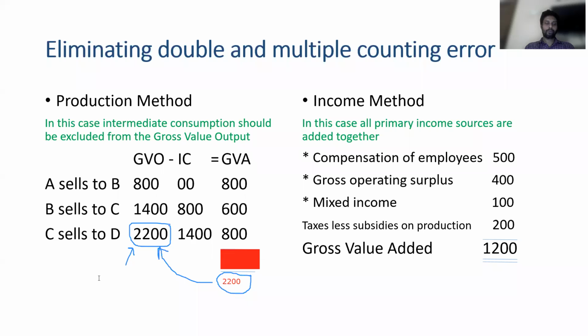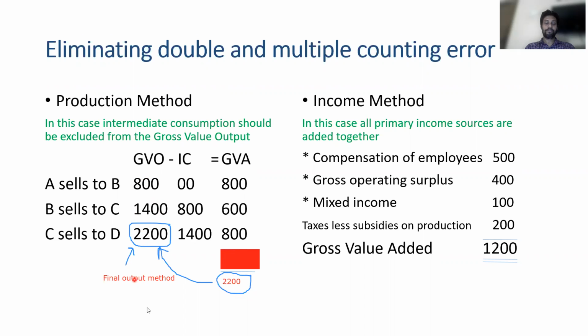If we use final output, it can overcome the double counting error. GVA, 2,200, same method, it can overcome it. But we should not add all the things together, like production of 800, 1,400, 2,200.